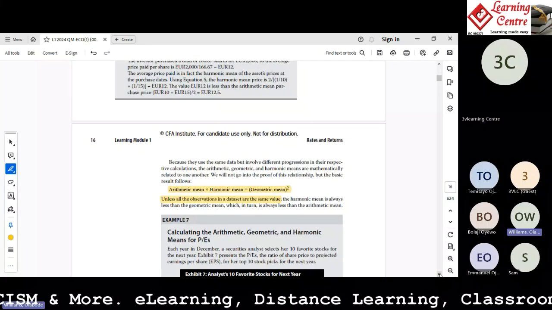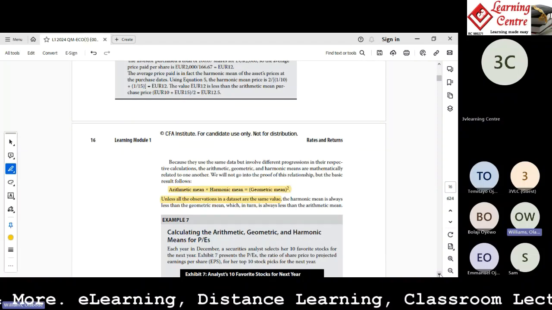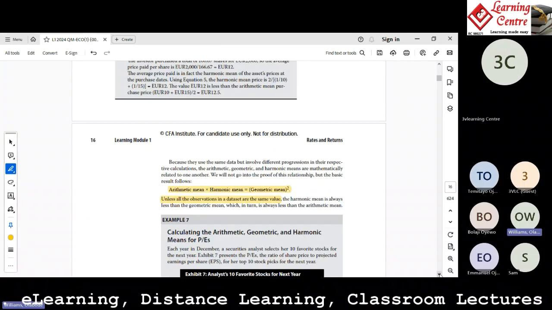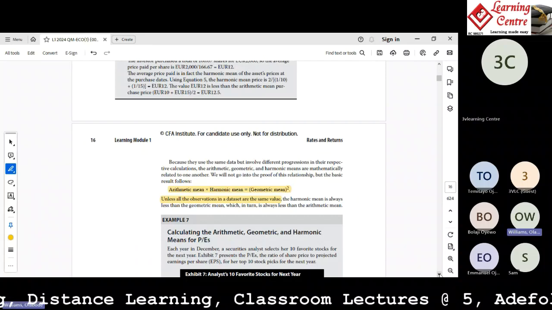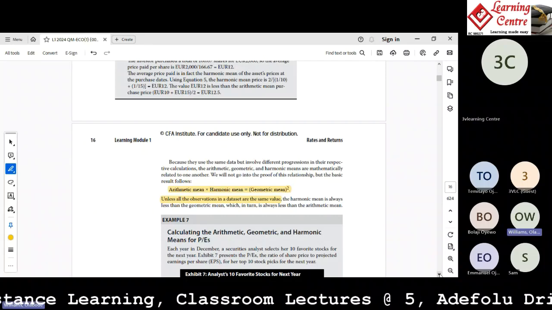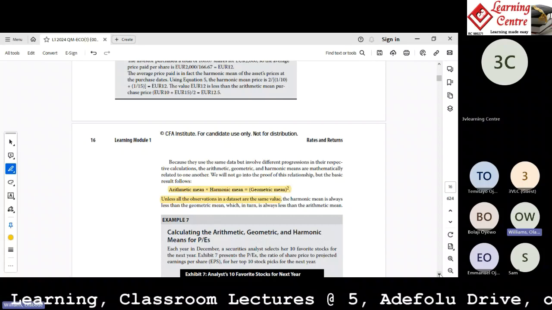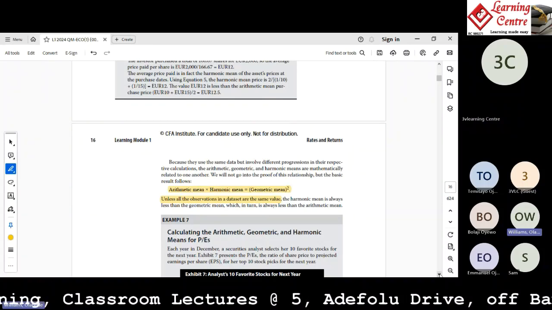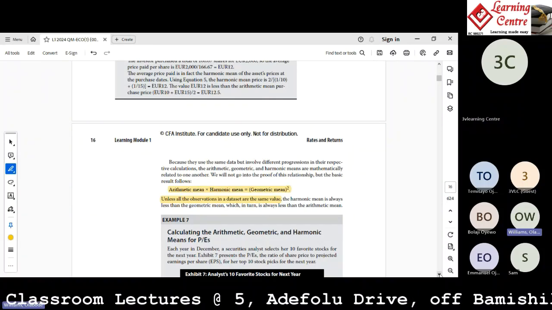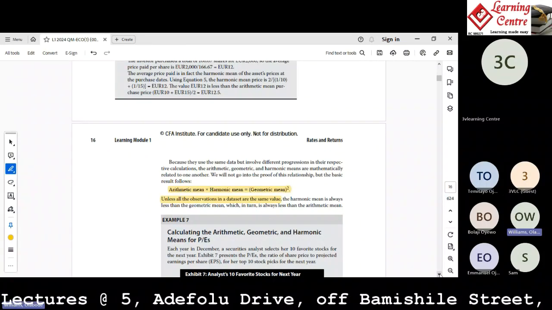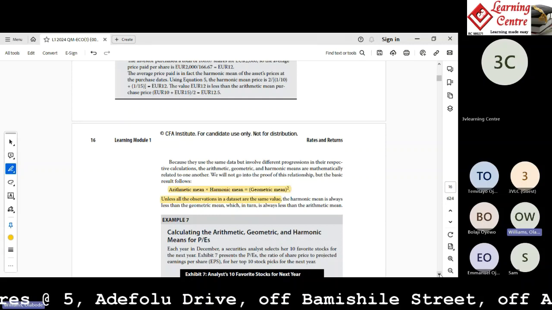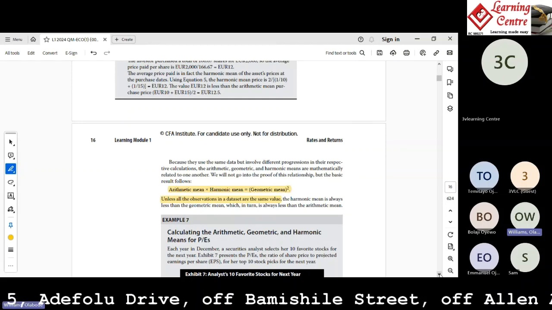Arithmetic mean times harmonic mean equals geometric mean squared. So when you remember this relationship, you might have a question in which you're given two of the means and you're asked to get the third one. You may not be given data, which means you get a question that says the arithmetic mean is this, and the harmonic mean is this, and then you're asked to get the geometric mean.